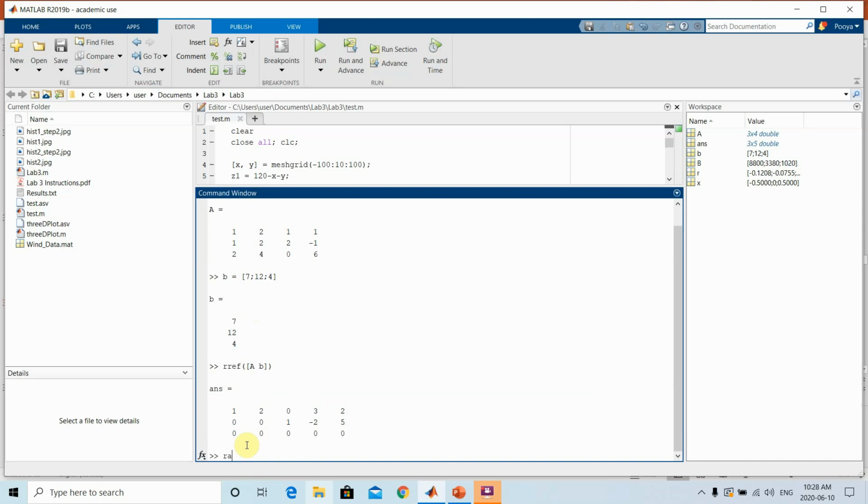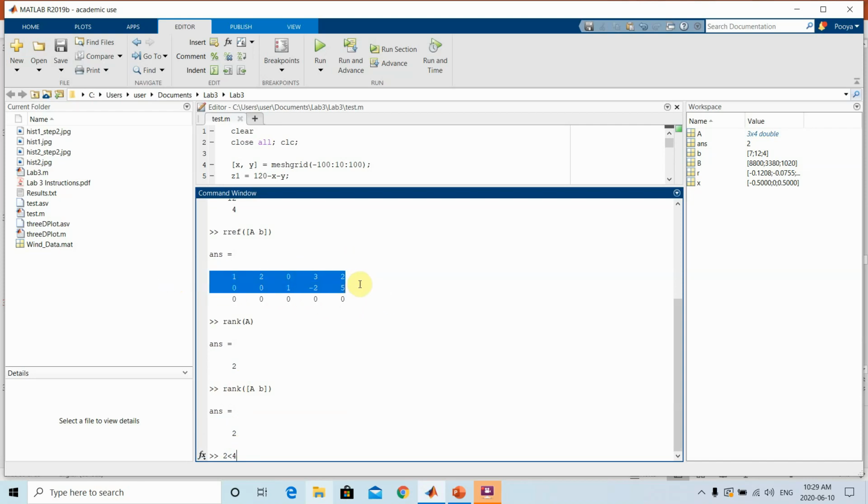Let's look at rank of A, which is 2. Rank of AB is equal to 2 as well. And 2 is less than the number of unknowns, which is 4. So here you see that we have an infinite number of solutions, and the reduced row echelon form can give us the format of these solutions, right?